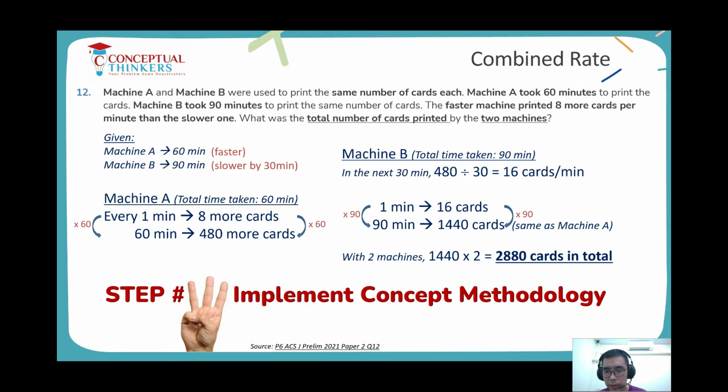By using this slide here, I'm going to explain how we can do some inspection with the information that we have calculated. Since we know that machine B took 1 minute to print 16 cards, the speed of machine A for 1 minute should be 16 plus 8, and that will give me 24 cards per minute.